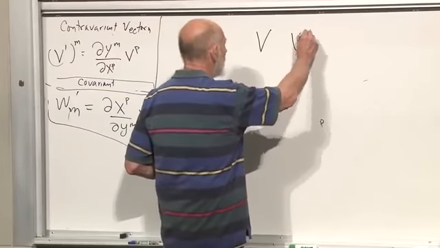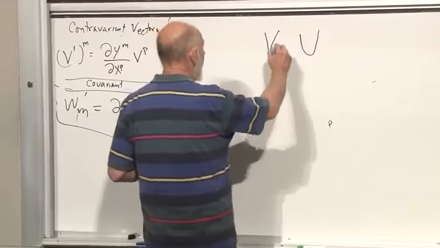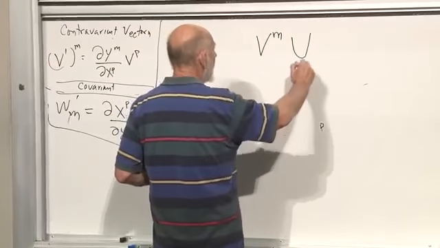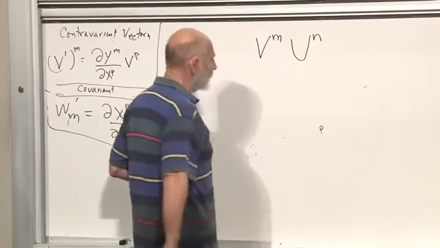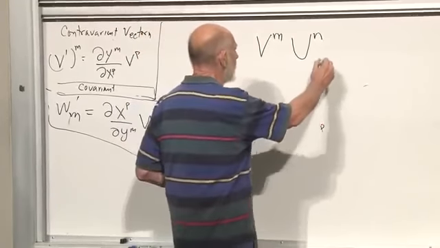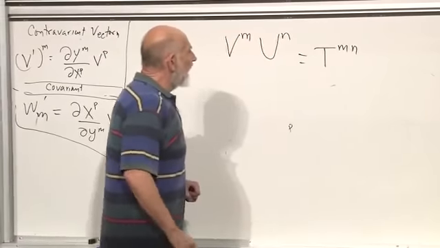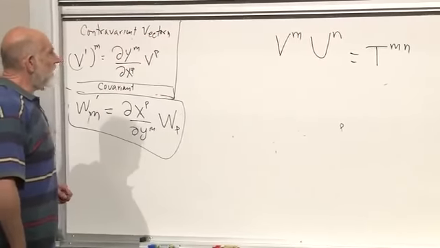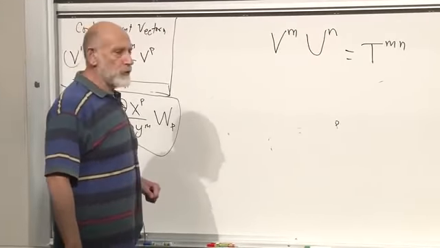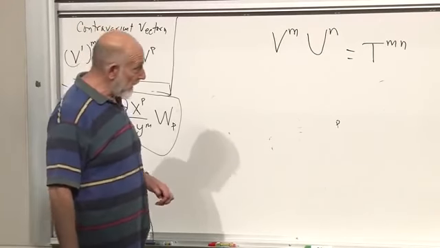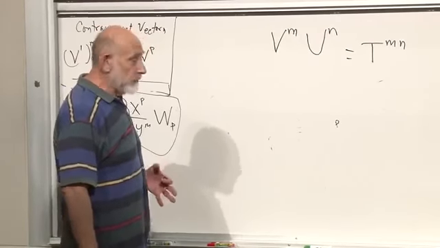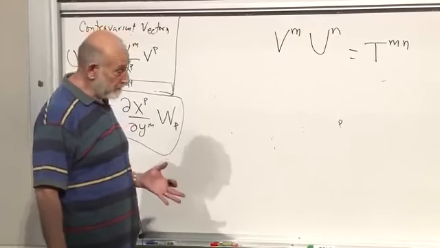And let's put them next to each other and take the M component of V and the N component of U. And let's just call this T^MN. I think just for the sake of argument, let's suppose we're talking about three-dimensional space, so that M and N run from 1 to 3.